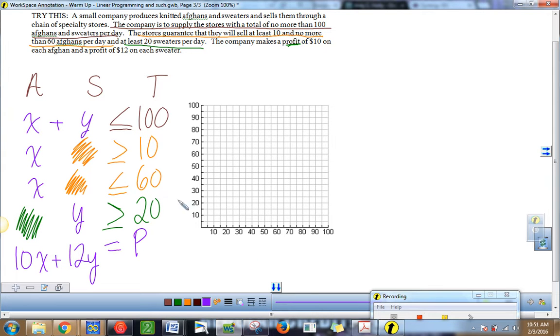Alright, so can we graph these? Let's start with these guys. Our X values are going to be between, so we're going to cross the X-axis at 10.